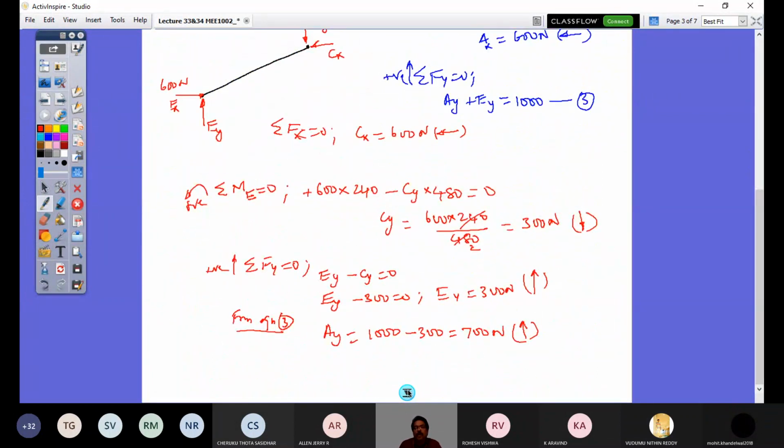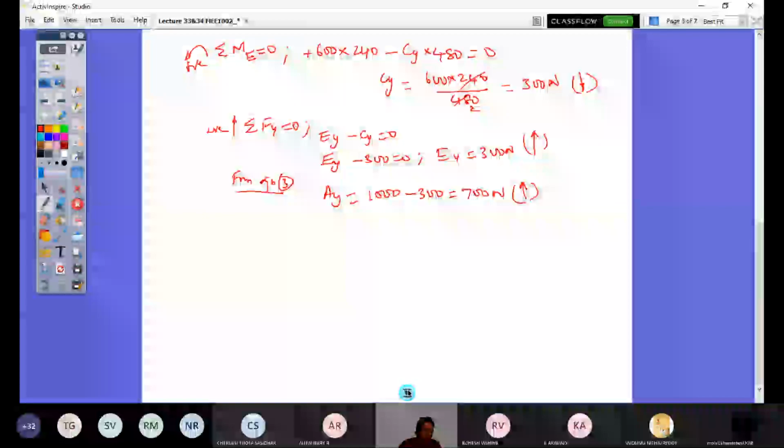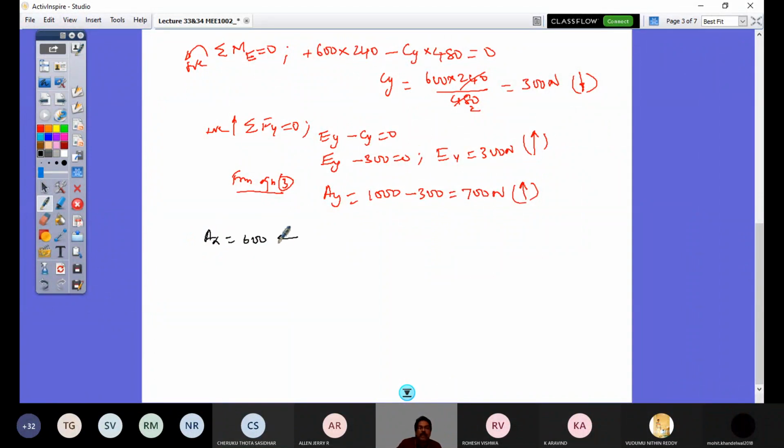So you have solved now all the reactions. So what is now your answer? So you have Ax equals 600 Newton, and that is to the left.